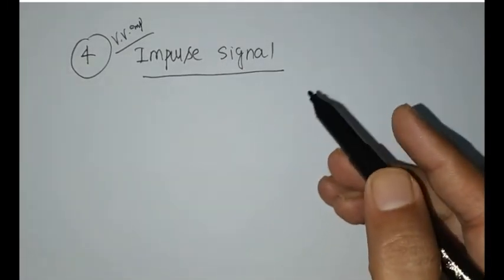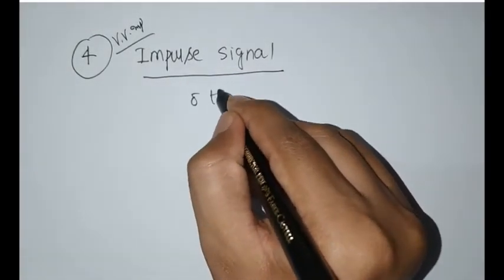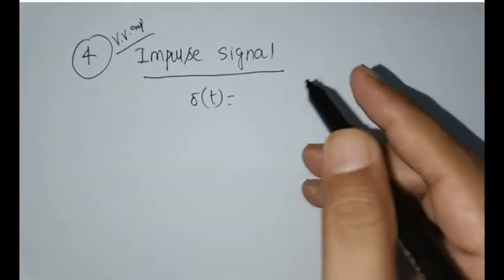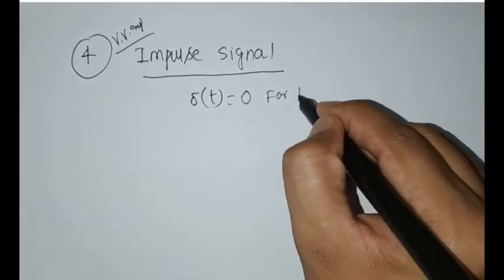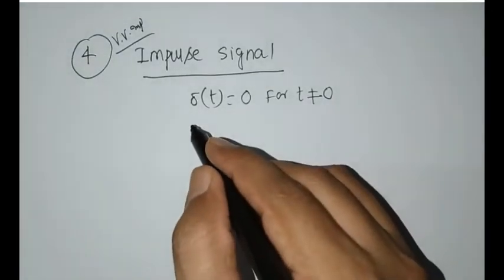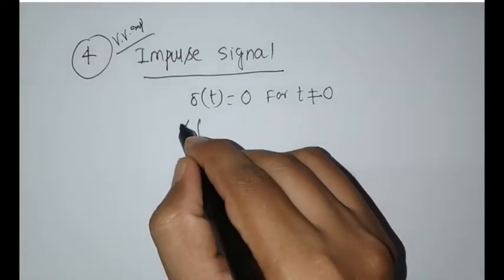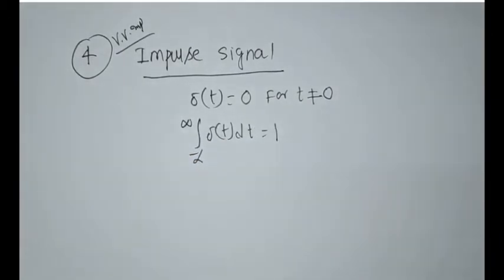Okay, we can define it like this. The impulse signal δ(t) equals 0 for t not equal to 0, and the area under the impulse signal equals 1.